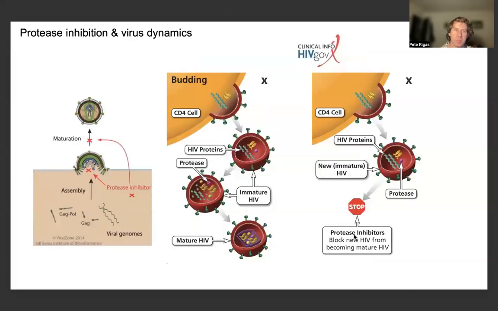And in terms of protease inhibition and virus dynamics, this is important because if we make use of an in silico approach, it's attempting to give some type of output which reflects the whole mechanism in which the maturation stage, as shown on the left-hand part of the slide, is undergone.